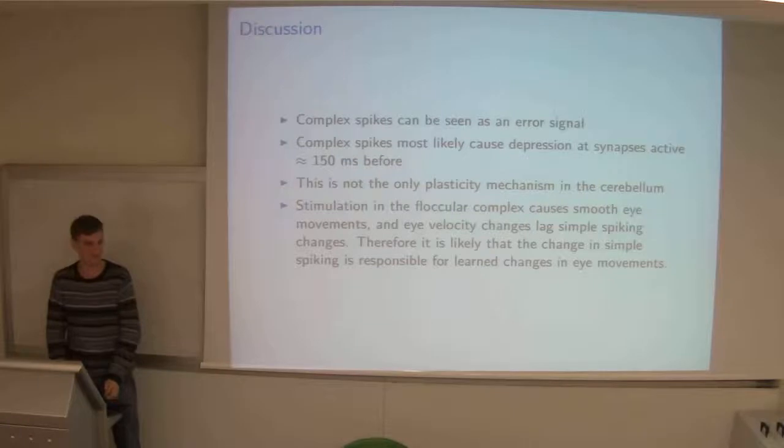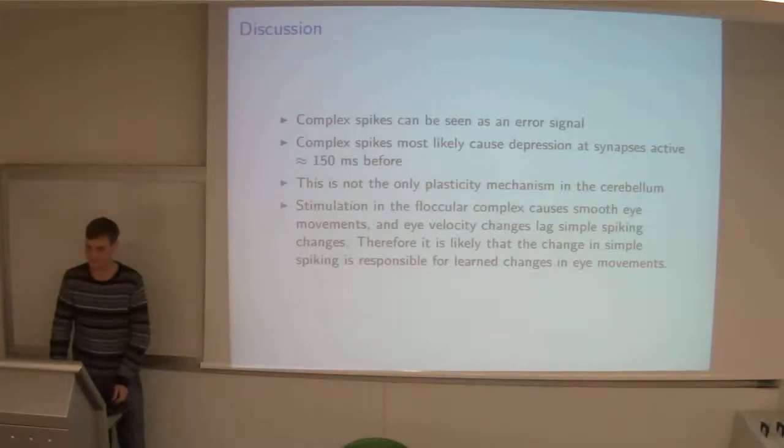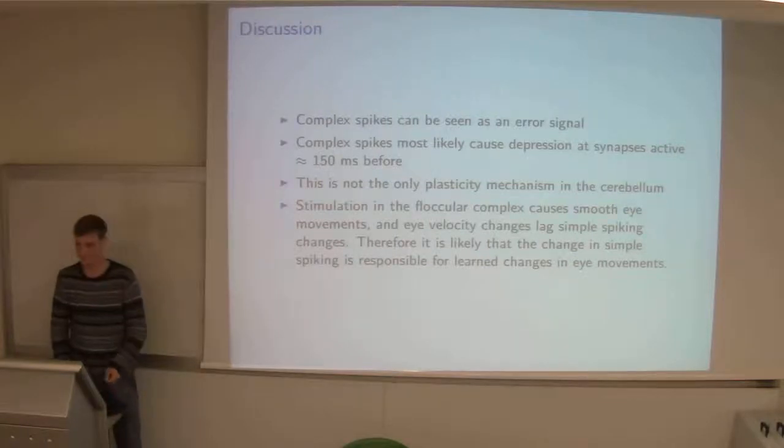Question? Okay, so we didn't actually go through all these models of plasticity in the cerebellum, which is a bit unfortunate. But the two things that I wanted to highlight here.